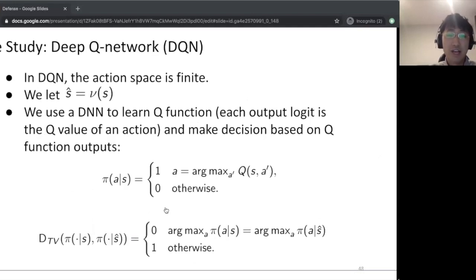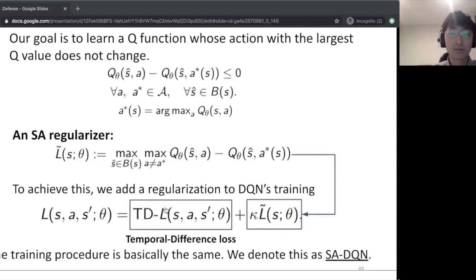The agent chooses the action that has the maximum Q value. So DTV distance between two policies is 0 if they take the same action, and 1 otherwise. Then our goal is to learn a Q function whose action with the largest Q value does not change if there's some perturbation in the input.